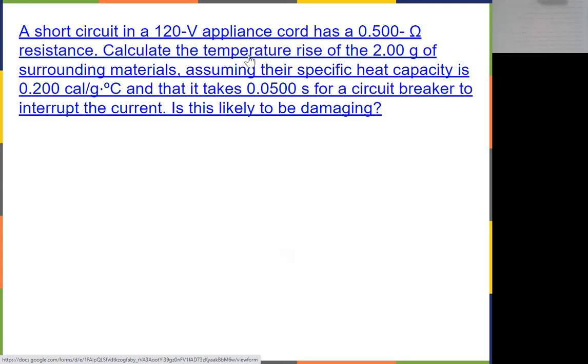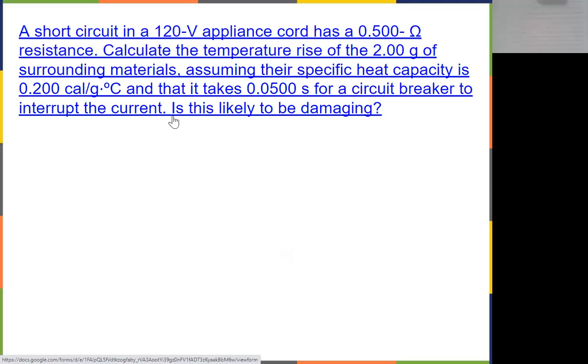It asks you to calculate the rise of the temperature of the surrounding materials, which is only 2 grams, assuming the specific heat capacity of the material is 0.2 calories per gram times degrees Celsius. When that happens, it takes 0.05 seconds for the circuit breaker to interrupt the current.